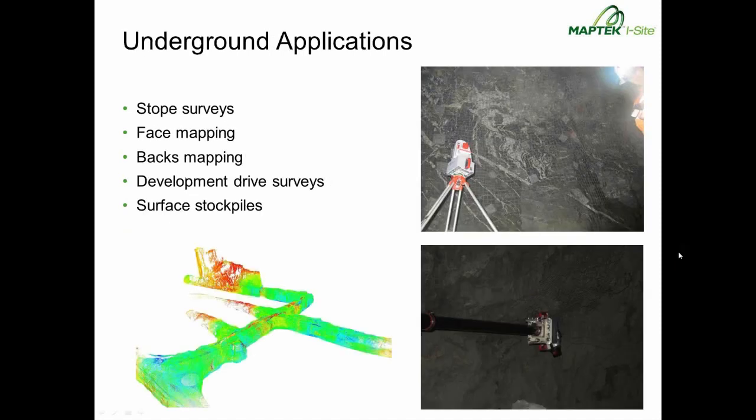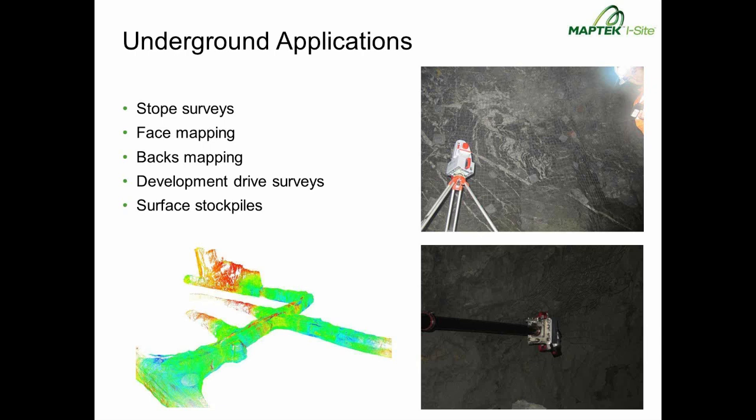So let's talk about some of the underground applications and some of the reasons that we developed the underground scanner. The big one that jumps out right away is stope surveys: needing to get accurate volumetrics of the stope itself and actually map it to see how well it conformed to the design. Then there's face mapping and geotechnical mapping.